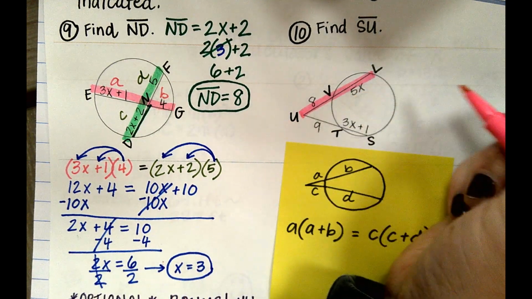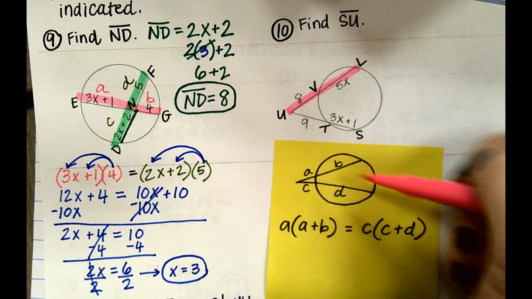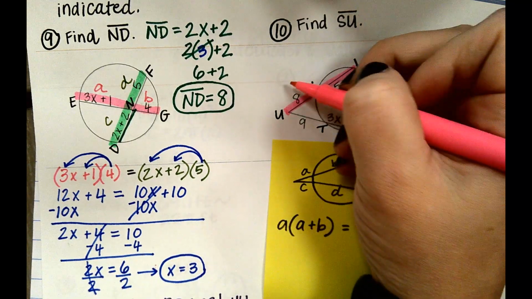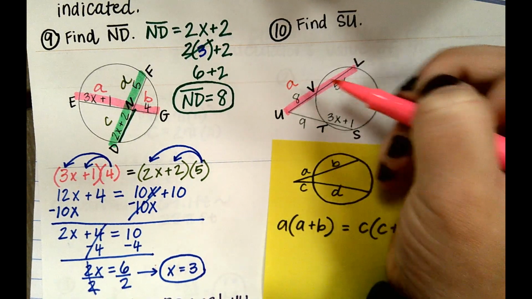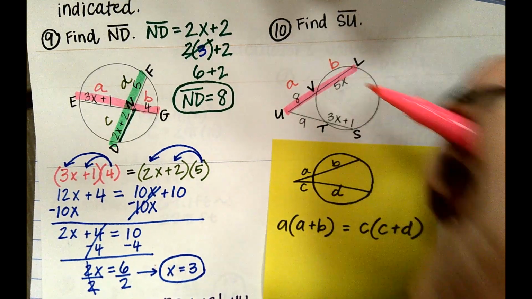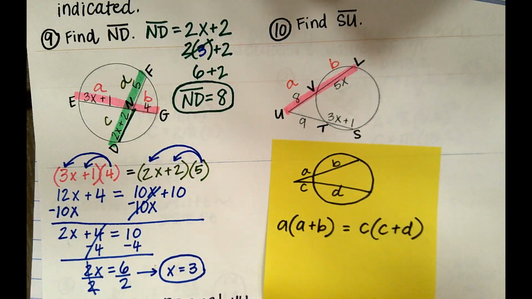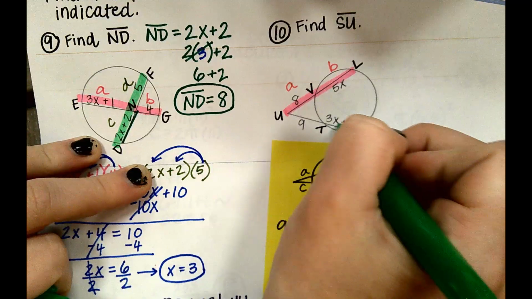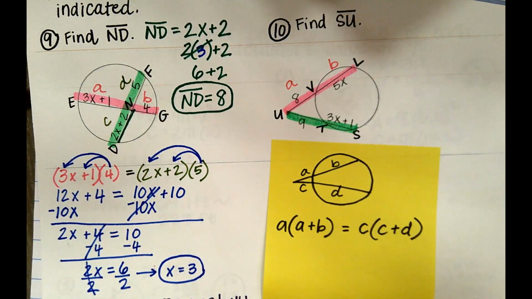So if I'm labeling my picture the same way as my sticky note, I'm going to let 8 be my A, 5x is my B, and then 9 will be my C, 3x plus 1 will be my D.